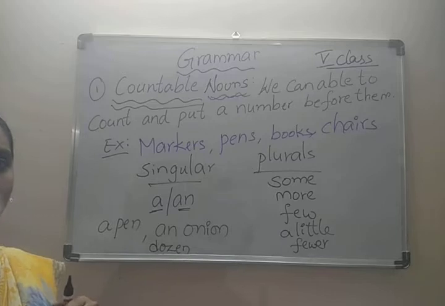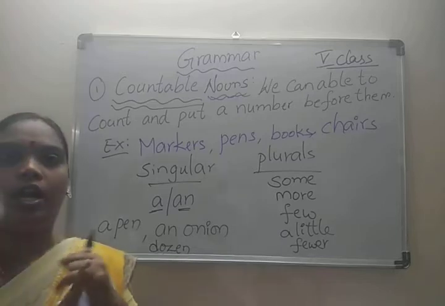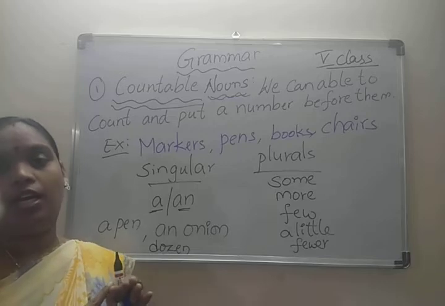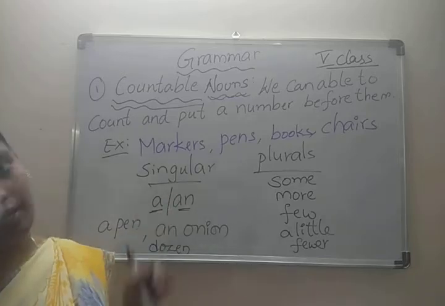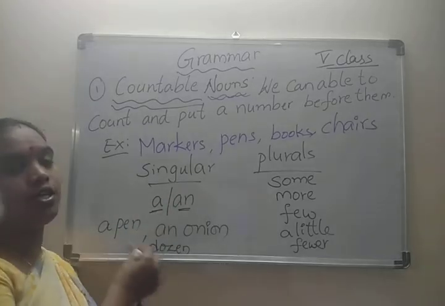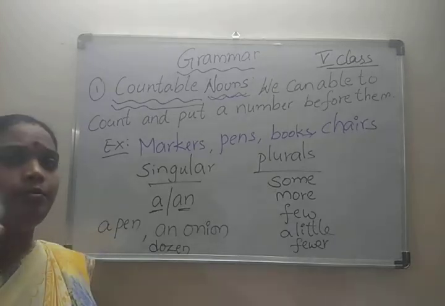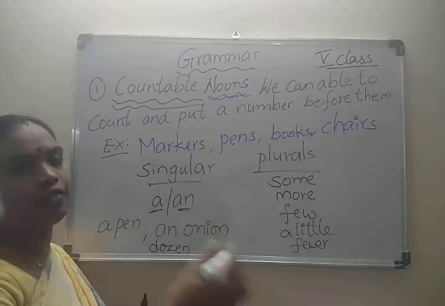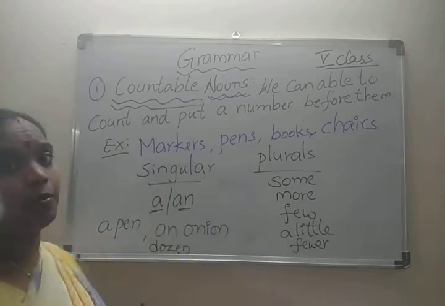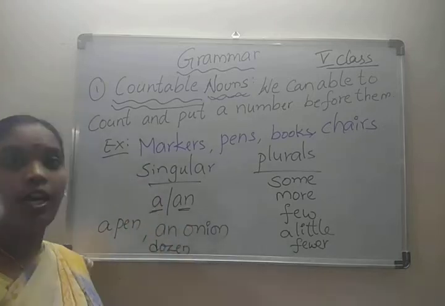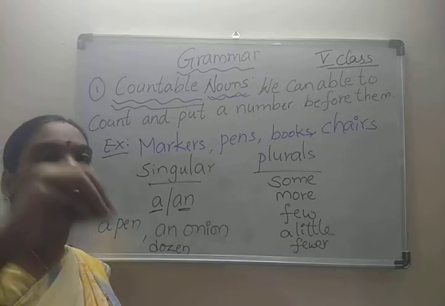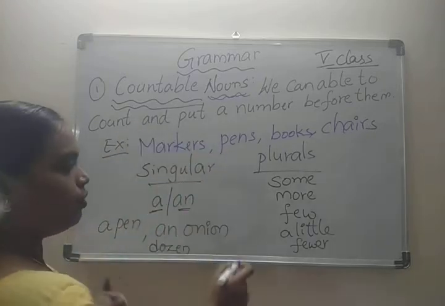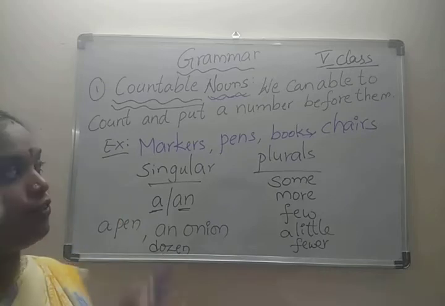Tell me one by one. Yes: proper noun, common noun, collective noun, abstract noun, material noun, countable noun and uncountable noun. Not only these, even compound nouns. We will learn one by one later. First, we are talking about countable nouns because in this lesson we focus mostly on this. So again, okay children, we got this.